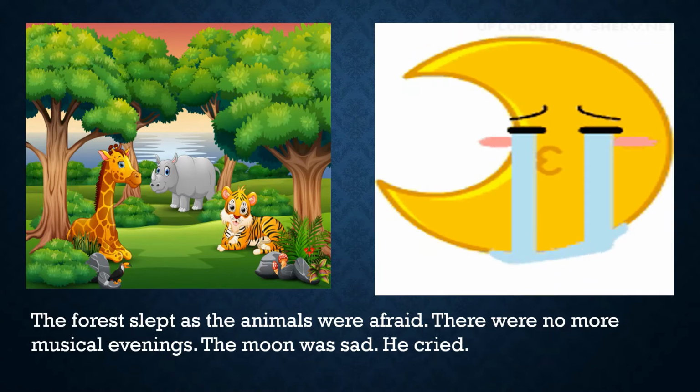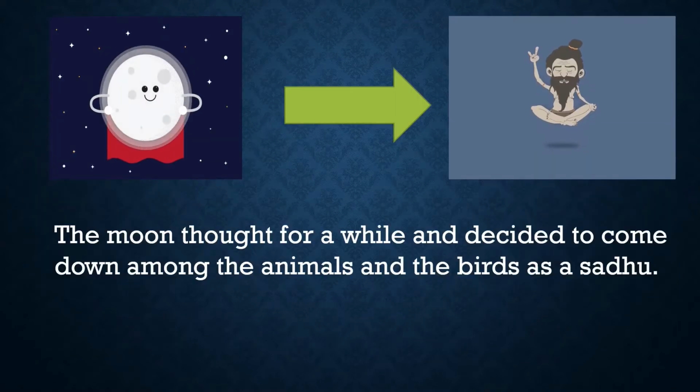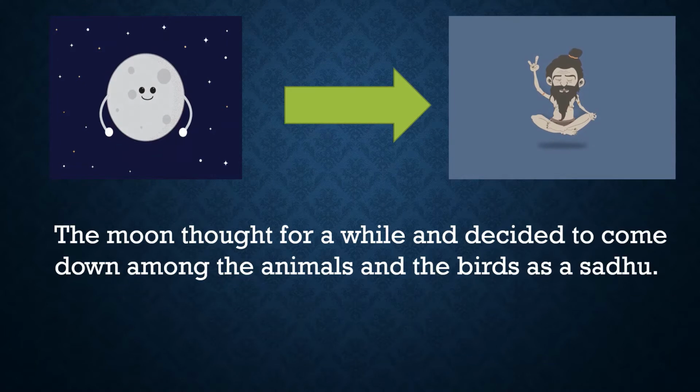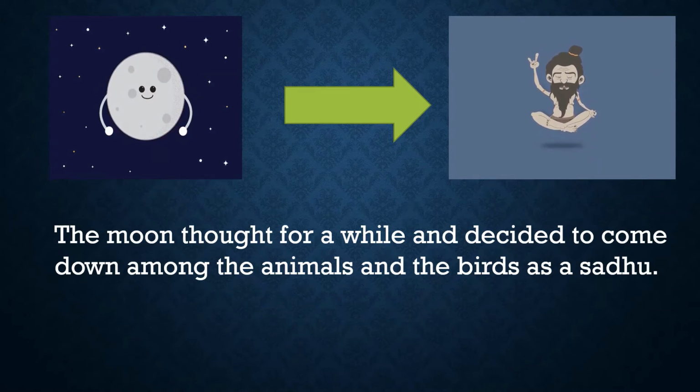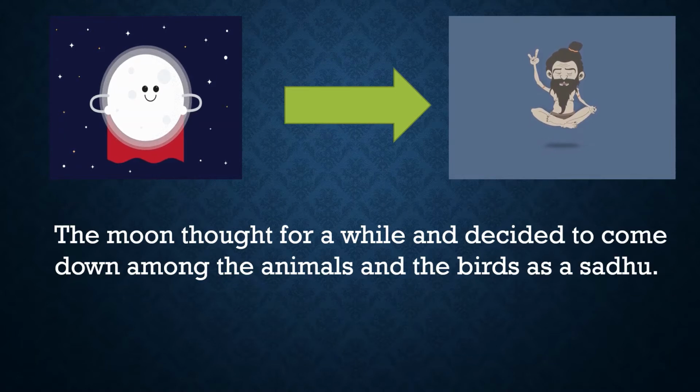Now the moon thought for a while and decided to come down among the animals and the birds as a sadhu. So the moon, who was once a guest of honor of the musical evening, decided to come down to the earth among the animals and birds as a sadhu. Sadhu means hermit, or what we call a yogi or a rishi.